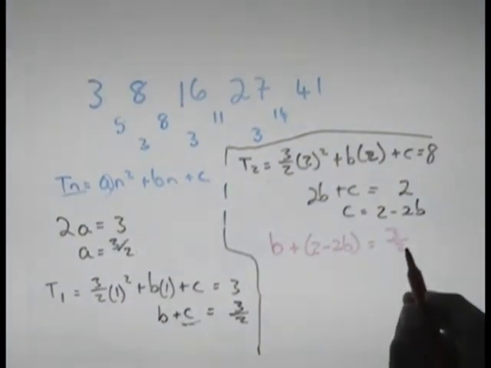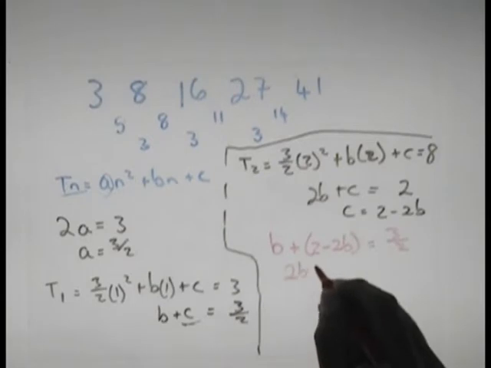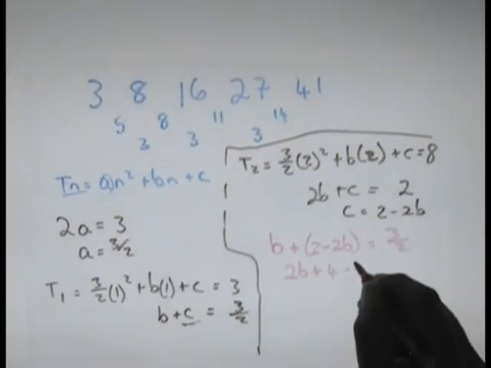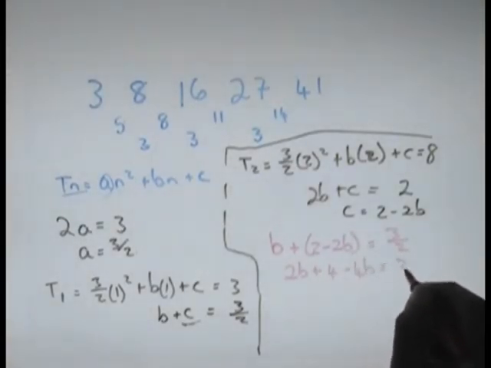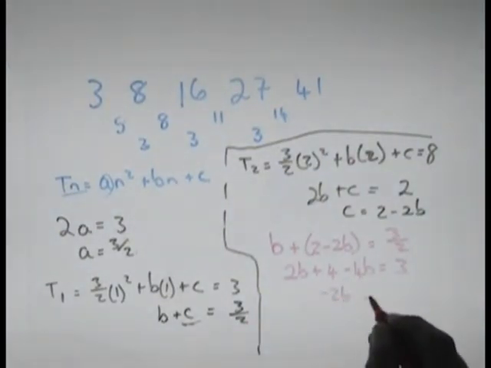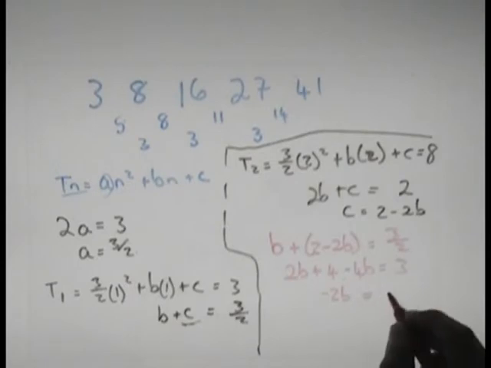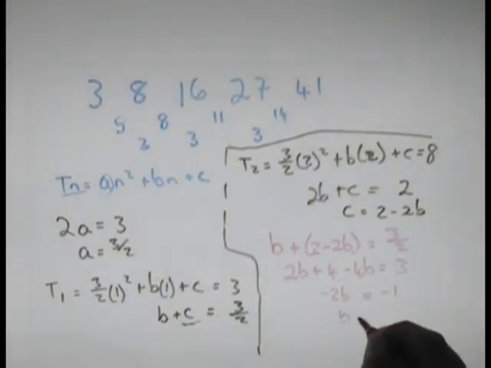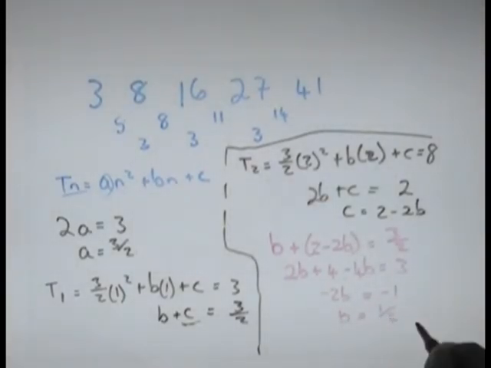I'm going to multiply out that 2. That means that 2b plus 4 minus 4b is equal to 3. 2b minus 4b is minus 2b is equal to 3 minus 4, which is minus 1. That means that b is equal to positive 1 over 2.